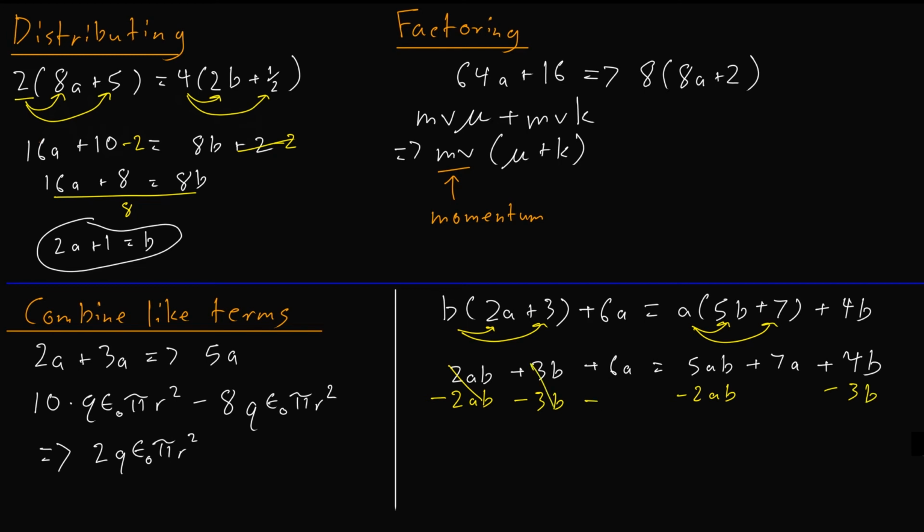And then we could subtract 6a from both sides, and this will cancel here. So what we wind up with is 0 on the left-hand side is equal to 3ab plus a plus b. And that's going to be a much more simple way of writing down this initial big mess of an equation there. So combining like terms can often help you simplify equations greatly.